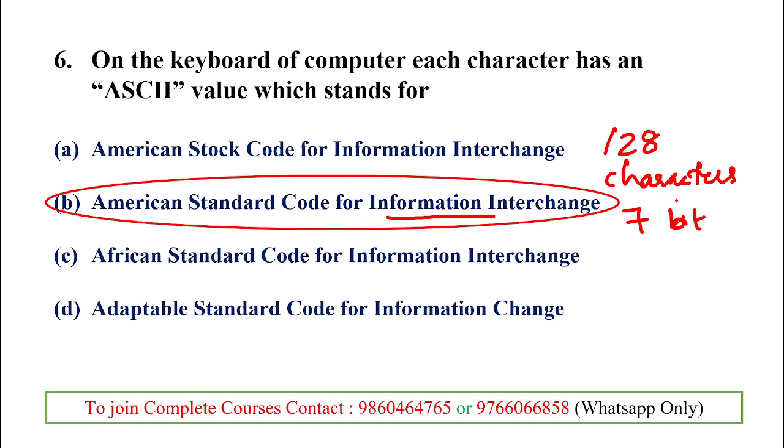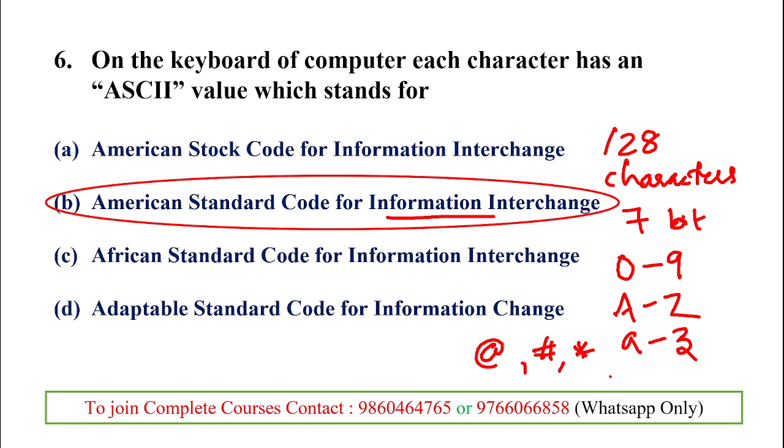It contains the numbers from 0 to 9, the upper and lower case English letters, that is A to Z and a to z, small and capital letters, and also special characters like ampersand and star, etc. The character sets used in modern computers, in HTML and on the internet, are all based on the ASCII code.